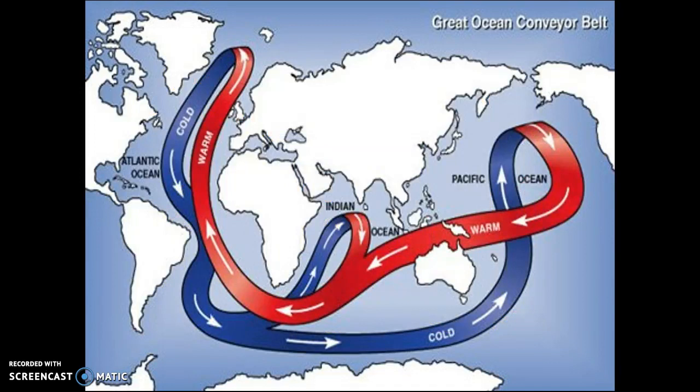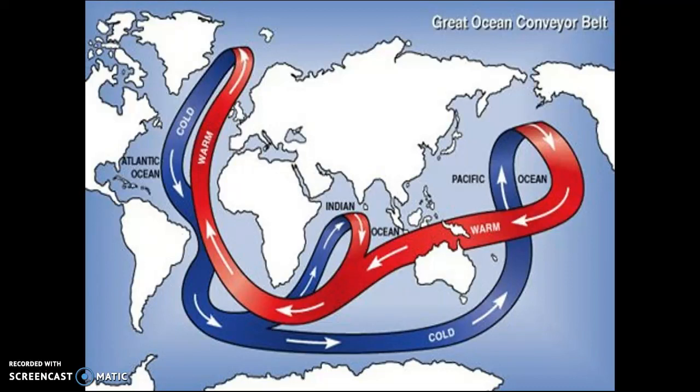You've seen this picture before in your textbook. This is the Great Ocean Conveyor Belt. The blue parts are those cold, deep water currents creeping along the bottom of the ocean. As they reach a warmer area, or almost hit up against land, they begin to rise, become warm, and travel a little closer to the surface.